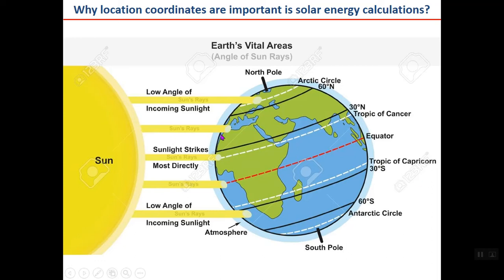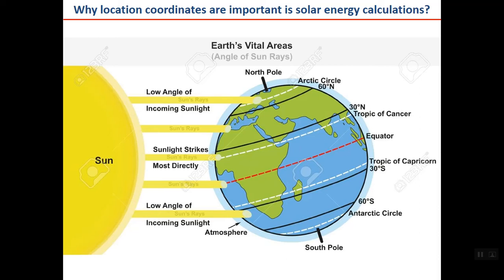Because, as you can see in this simple figure, where you are on the Earth, for example if you are here, or here, or here, will affect the radiation characteristic, both its direction and also the intensity of solar radiation. Also, it will affect the location of the sun. So it's important to know more about the coordinate systems on the Earth.